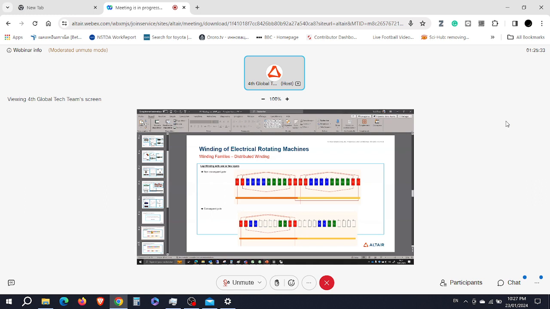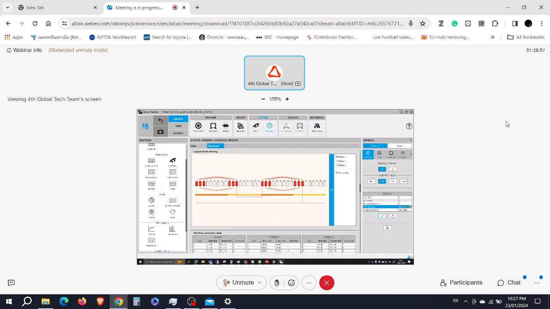Then we can see that there is consequent pole. So the winding is distributed on the poles. So the color here in Flux Motor corresponds to the magnet and the pole actually. And consequent pole, so all the winding is concentrated on only one coil, one pole, sorry. Okay, here I don't have this possibility.